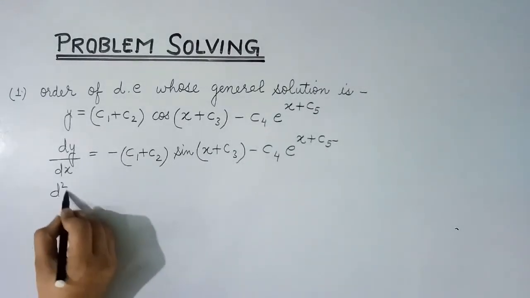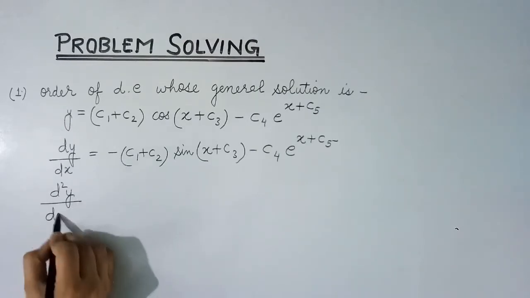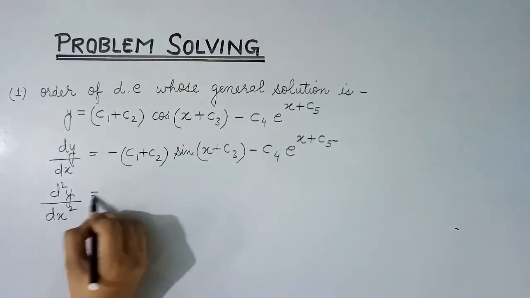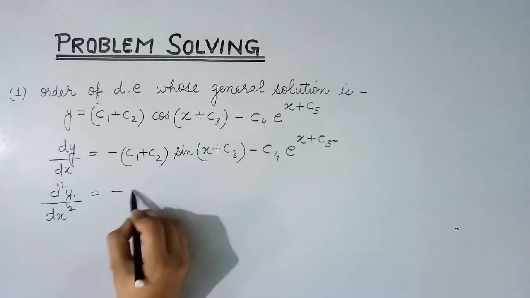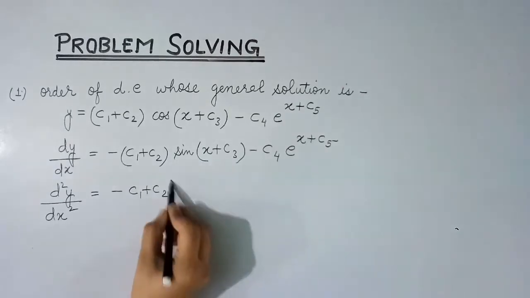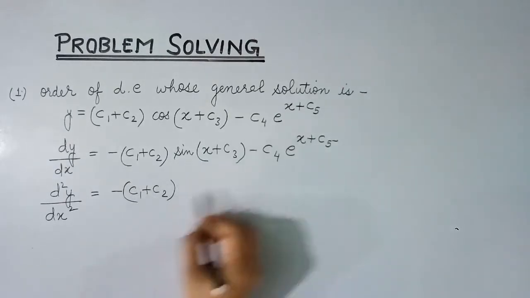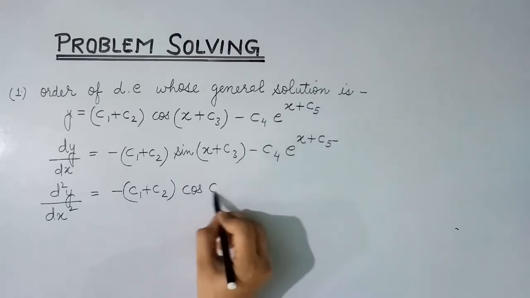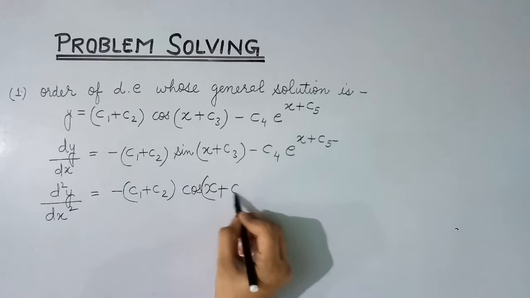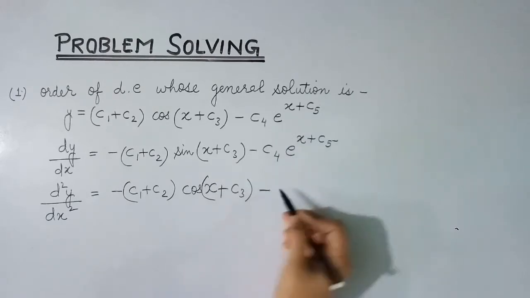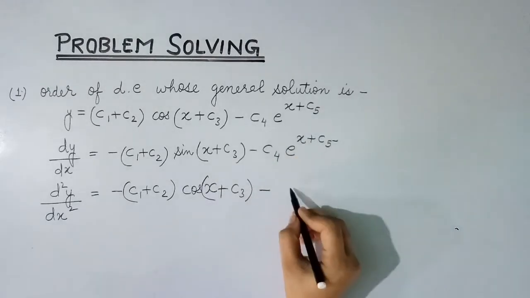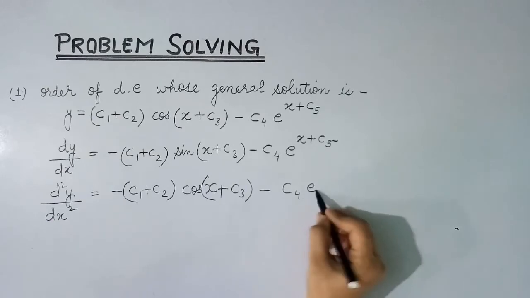Now on differentiating it a second time, we will get this, the derivative of sin x is cos x, and this will be the same.